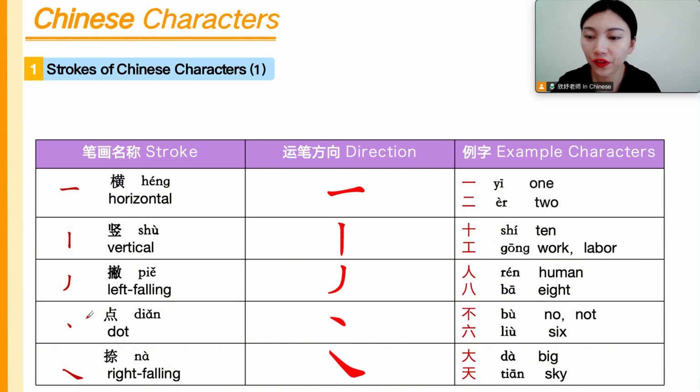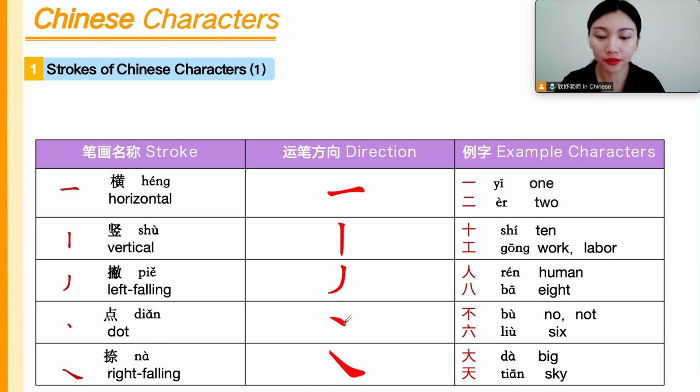And we have the third stroke, which is the left falling stroke. We say 撇, a diagonal line falling from top right to bottom left. All right. So for example, we have 人, human, and 八, 8. Very good. And the fourth one is the dot, a small dot or short stroke. It's 点.